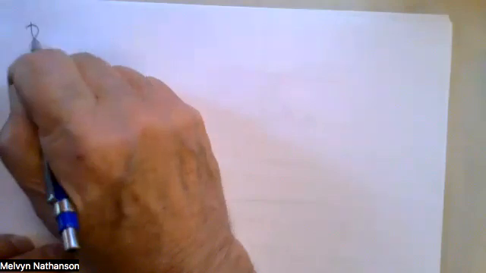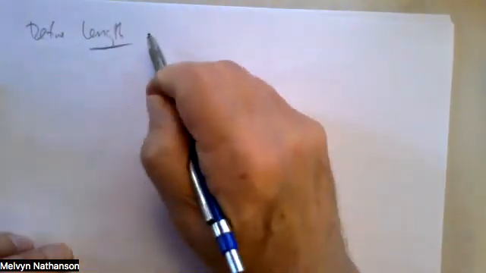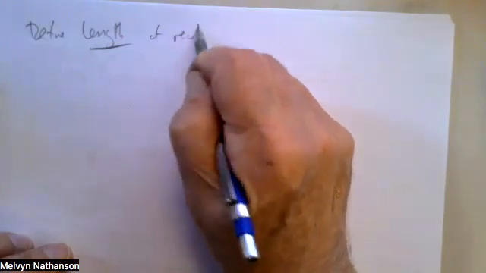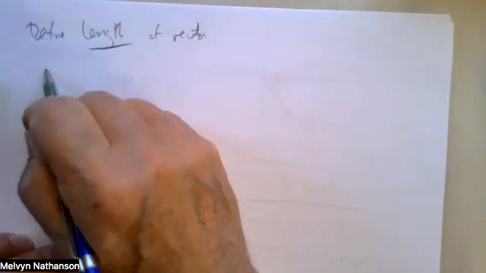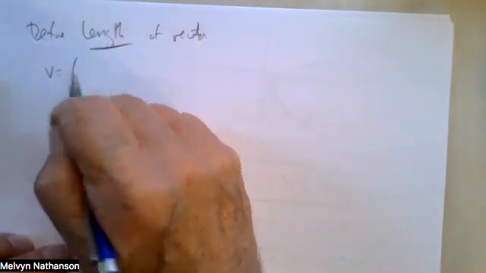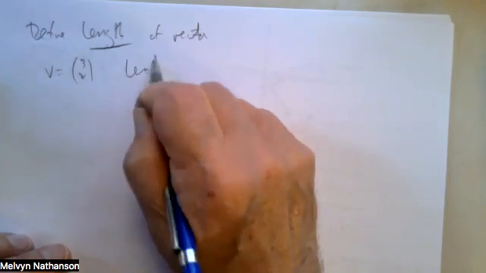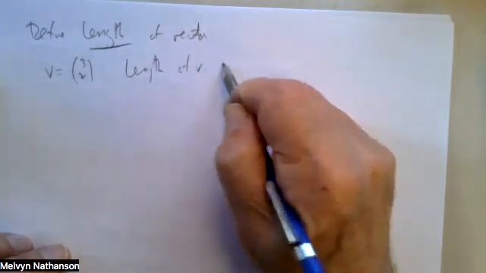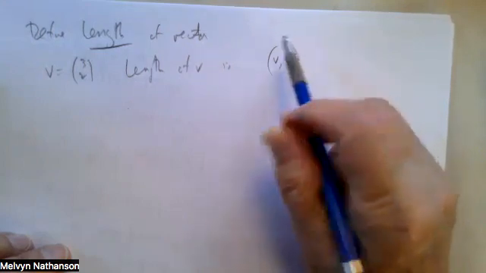Also, when you have the dot product or the inner product, we can define the length of a vector. We never did this before. We've been dealing with vectors, but we never talked about the length. So for example, if you have the vector v, which is 3, 2, then the length of v is defined to be the square root of the inner product of the vector with itself.